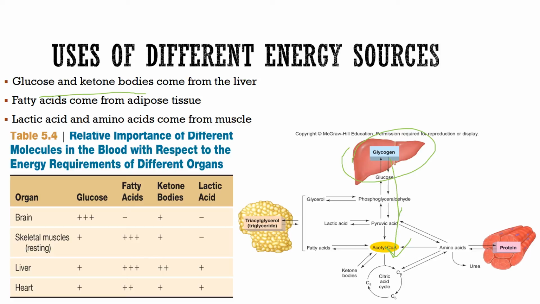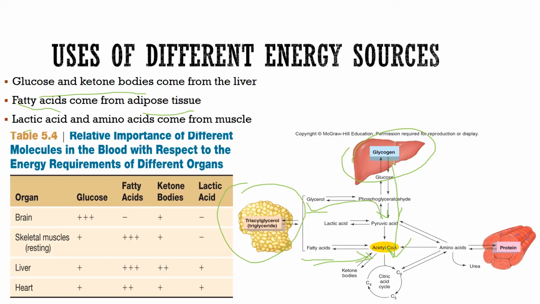If oxygen is present, we'll undergo oxidative phosphorylation. Fatty acids come from adipose tissue, primarily white adipose tissue but a little from brown, where we'll have the conversion into glycerol and fatty acids, which will later be converted into pyruvic acid and then into acetyl-CoA.